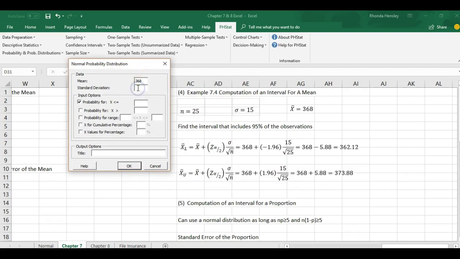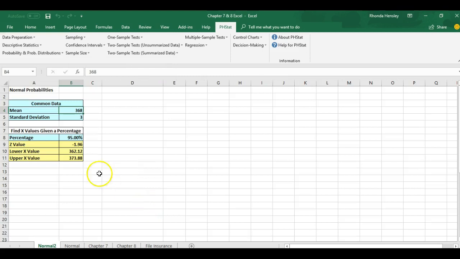My standard deviation is the standard error of the mean, which is 15 divided by 5, which is 3. And we want to know values for a percentage. I'm going to uncheck that one box, and we want to know 95%. And it should figure that for us.